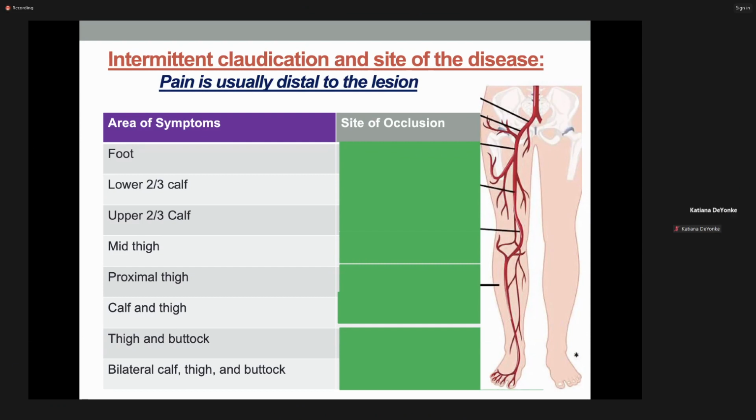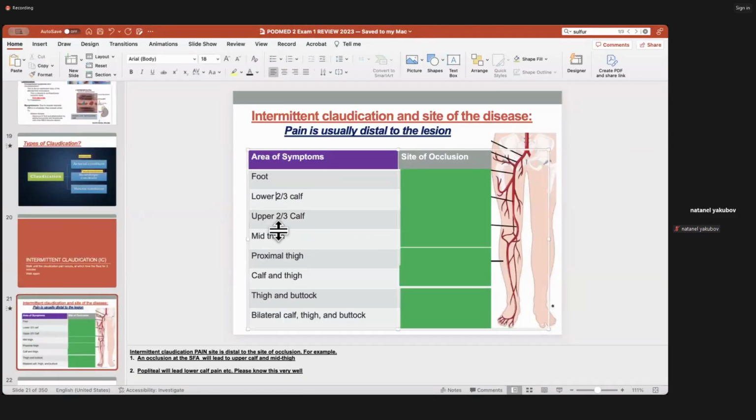Aortoiliac. Good. A patient that's having pain in the upper 2/3 of the calf. SFA. Good. A patient that's having pain in the lower 1/3. Popliteal. Popliteal. Fix that.